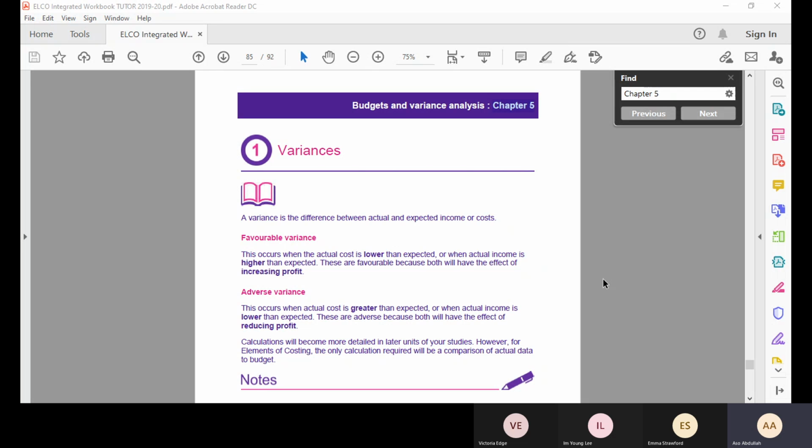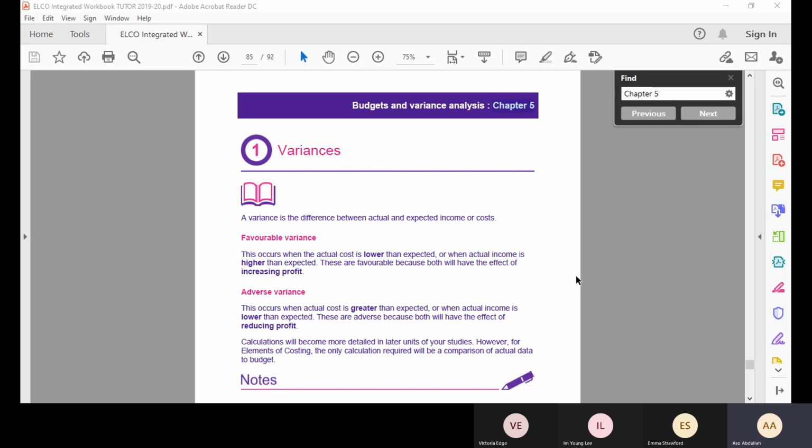It is favorable. However, in terms of income, it is going to be the opposite. Income and cost are opposite. For income, your budget is going to be less than actual. So for example, if your sales target is £100,000 for a quarter, this is your budget, this is what you're planning to target.